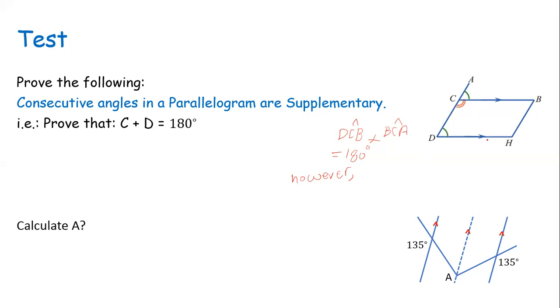This means that the straight line AD crosses CB and DH and forms two equal corresponding angles, which are HDC and BCA. These are equal in size because they are corresponding angles.